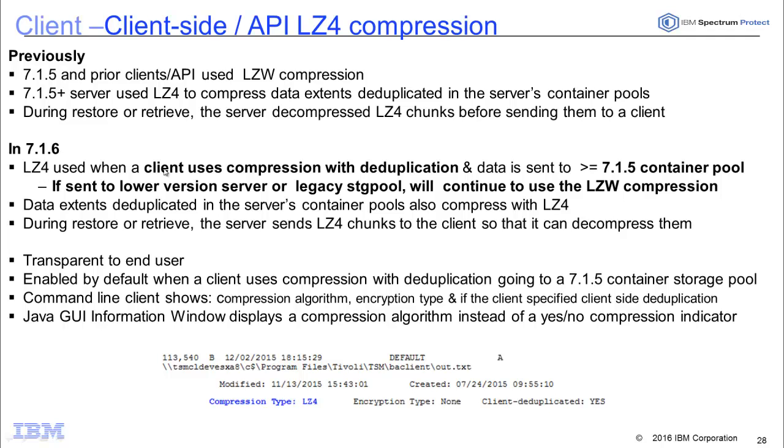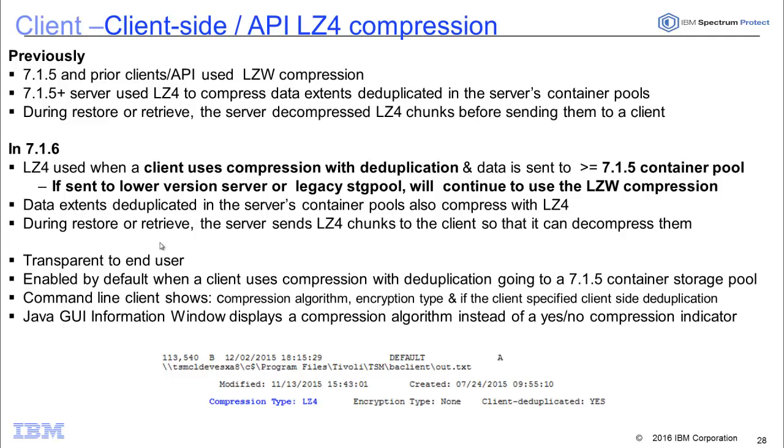LZ4 will be used when a client uses compression with deduplication and the data is being sent to a Spectrum Protect 7.1.5 container pool. If you send the data to a lower version of the server or to our legacy storage pools, then we will continue to use LZW compression.